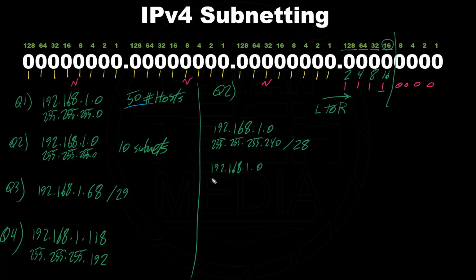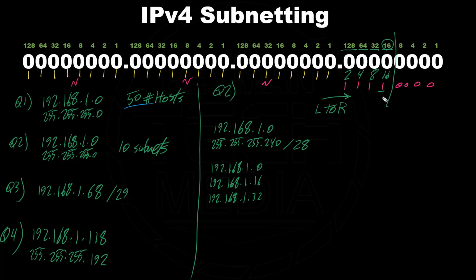The next subnet would be 192.168.1.16. The next subnet would be 192.168.1.32. We keep incrementing by 16. Why 16? Because after finding the cut line, the last bit that is turned on has a decimal value of 16. That's our network increment, or block ID. Because we are on the last octet, we are incrementing the last octet by 16.